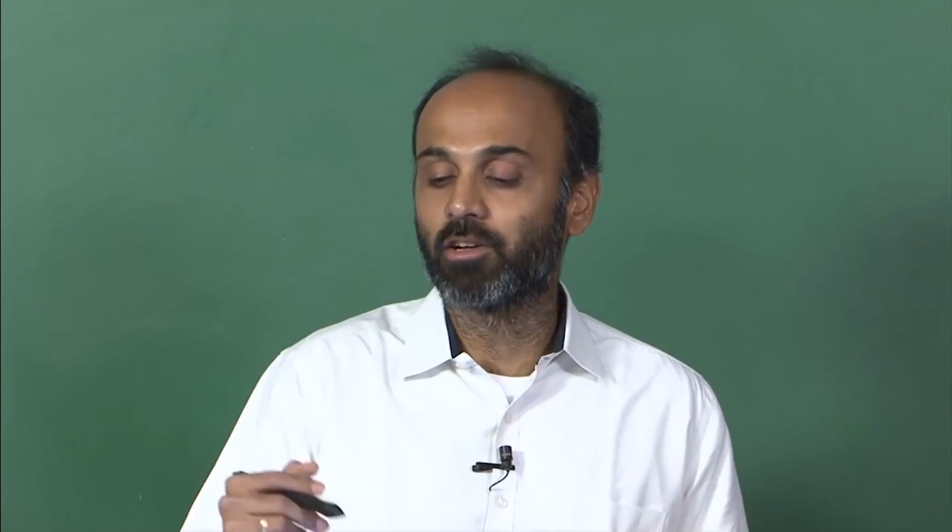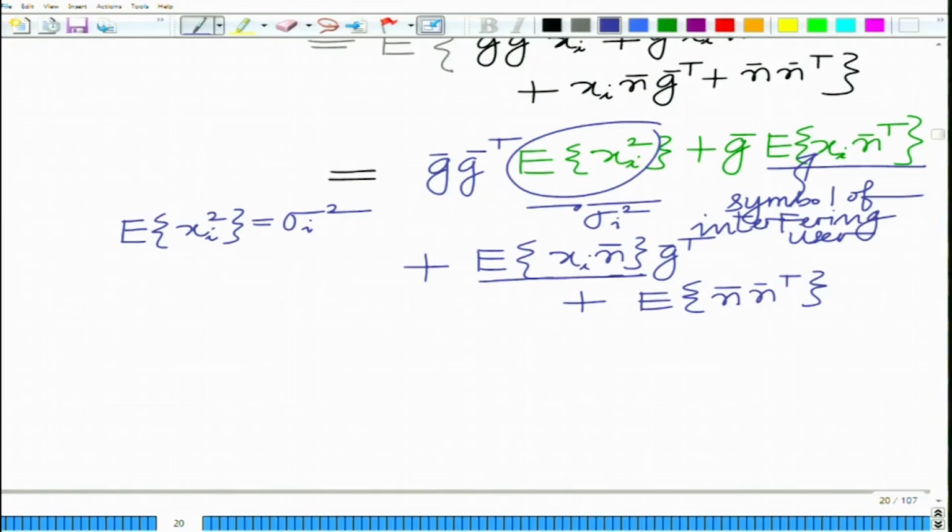Typically the signal and the noise are uncorrelated, because the noise arises from the system, and the signal from the information that corresponds to the particular user, either the desired user or the interfering user. So, the signal and noise are typically uncorrelated, in fact they are independent. So, if they are both zero mean, then the expected value of xi n bar and the expected value of xi n bar transpose are both 0.